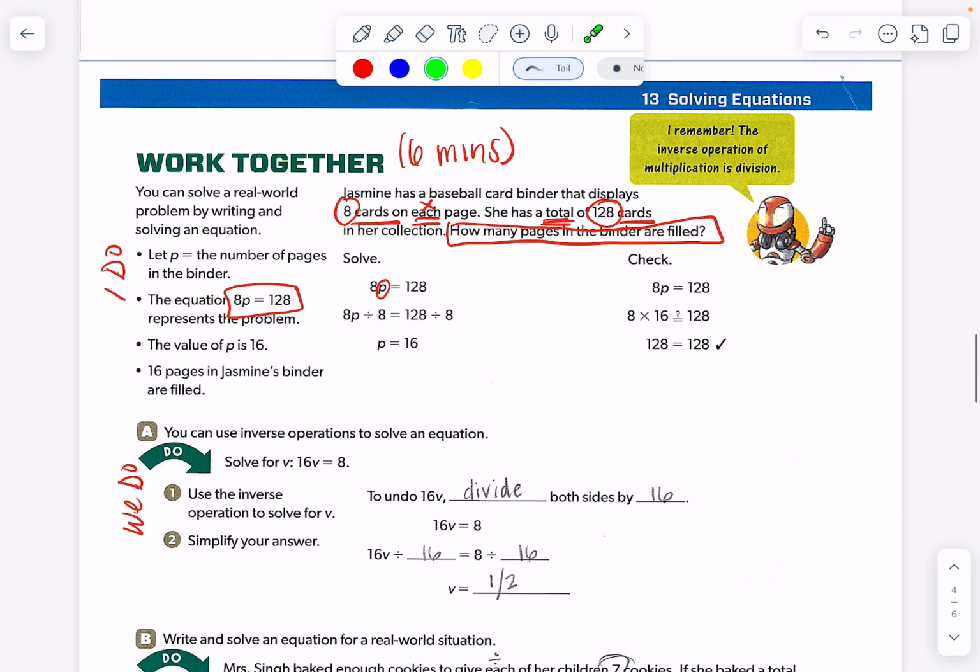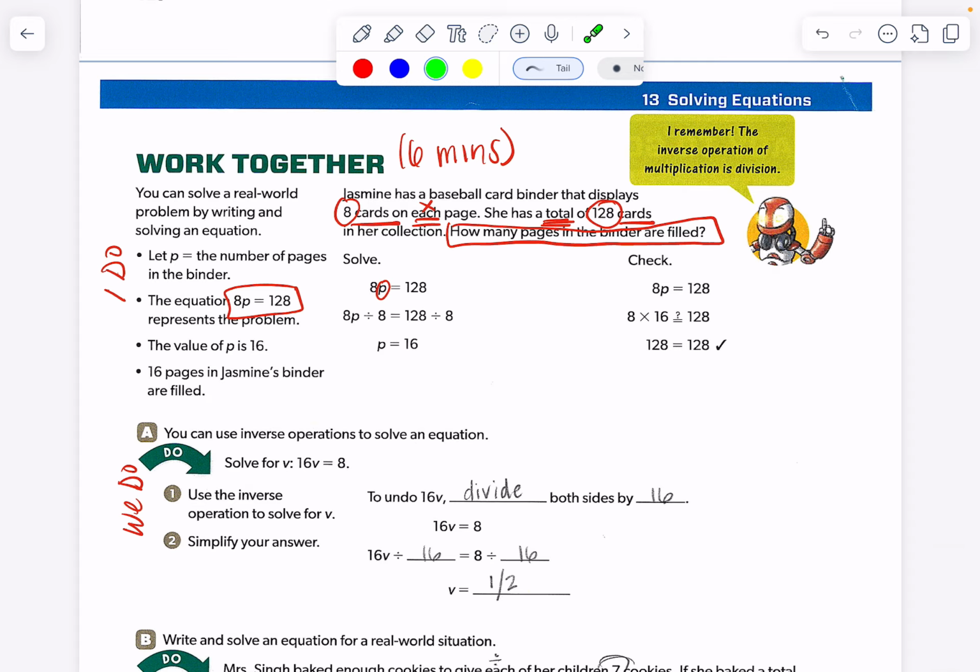So as the teacher, you are going to model this question for them for about 6 minutes, really focusing on read, draw, write, and how they were able to create this equation based on this word problem, and then explain to them that whenever you see a variable directly next to a number, that operation is multiplication.